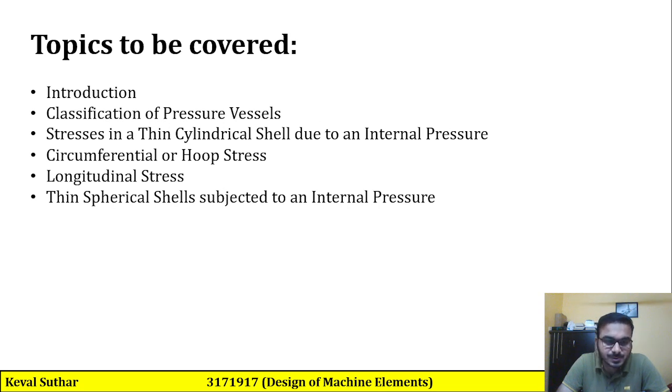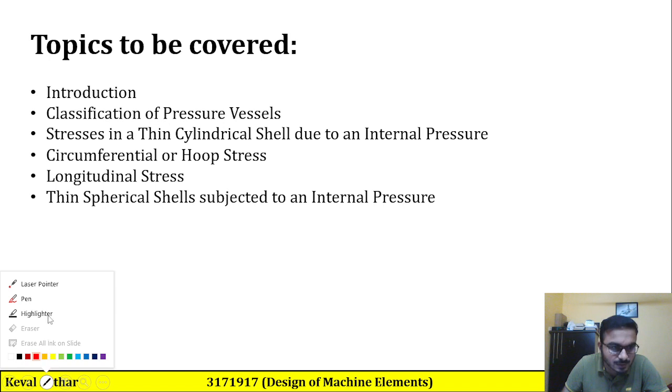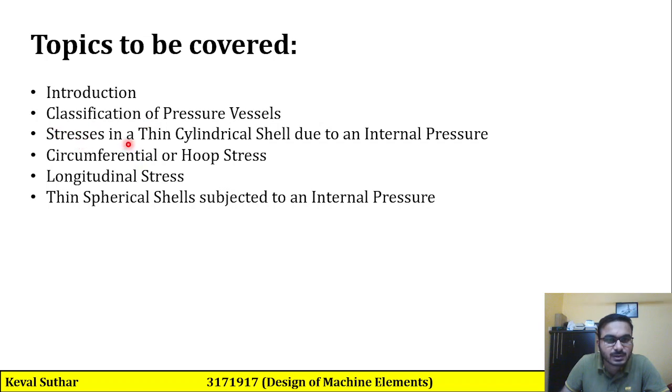After covering these two stresses, we will move to thin spherical shells which are subjected to internal pressure. The first one I told you about is the thin cylindrical shell, and here it is now the thin spherical shell.